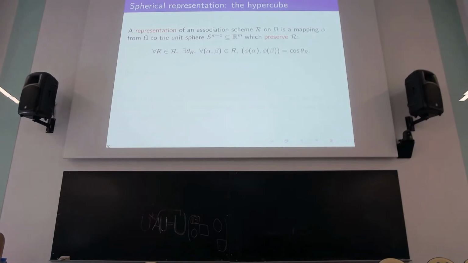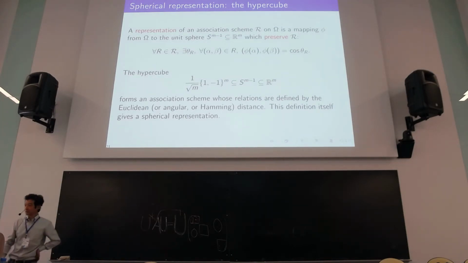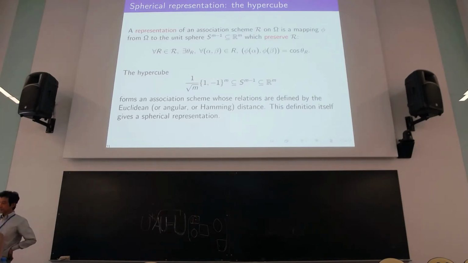Well, it might be too abstract, so let me give you a very natural example, the hypercube. The hypercube is also an example of an association scheme. But the hypercube itself is a subset of the sphere.